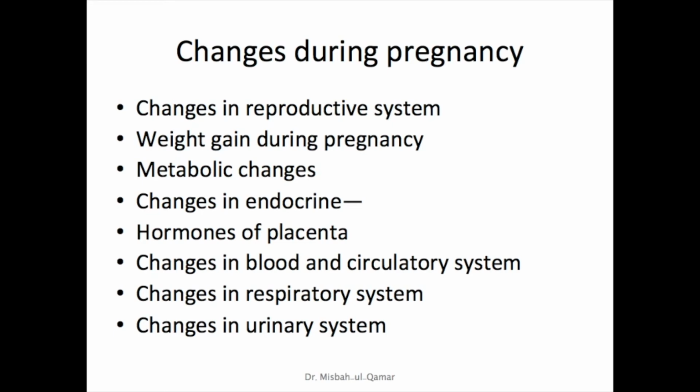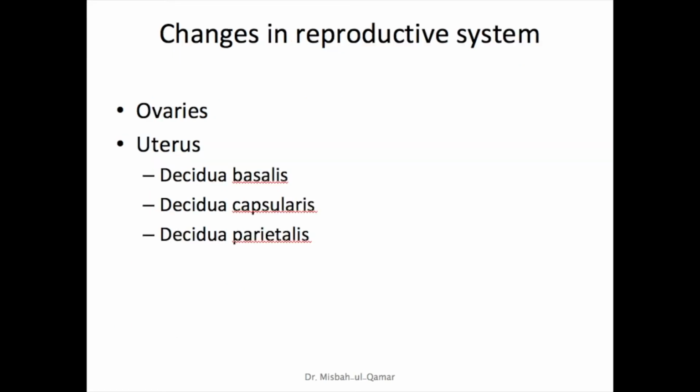Let's now start with a university question, which is the physiological maternal changes during pregnancy, and these changes are listed here. In ovaries, corpus luteum secretes large amounts of progesterone.